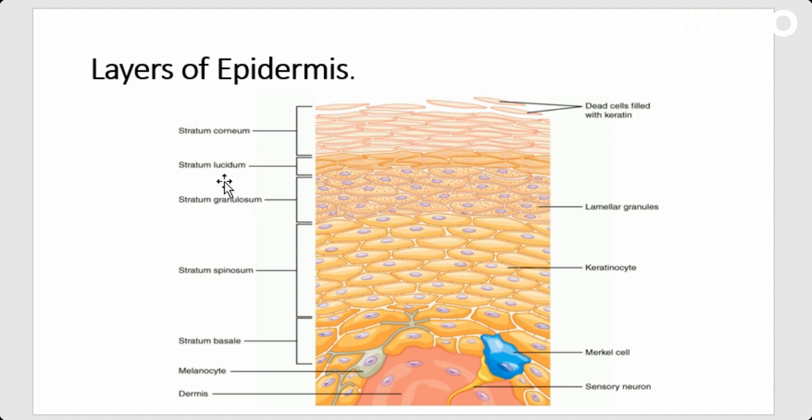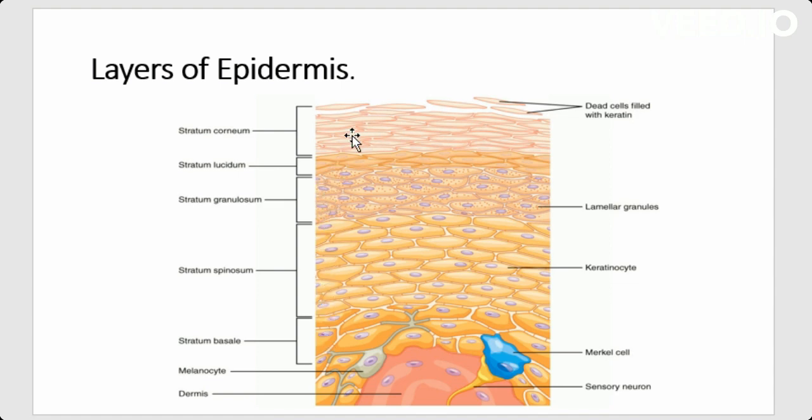Then there is a stratum lucidum, then stratum corneum, which is the outermost layer. The cells in the stratum corneum have arranged themselves in a way that they are very thin, and they are called corneocytes. They are dead and they are called corneocytes. All the layers are found within different parts of the body.